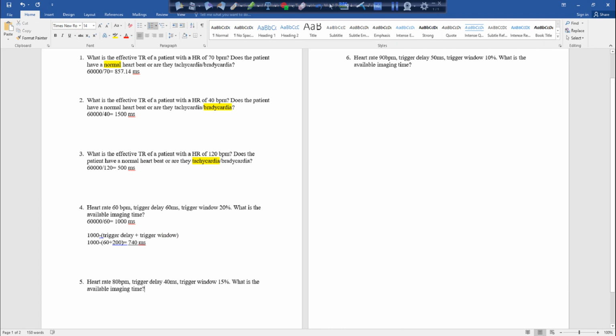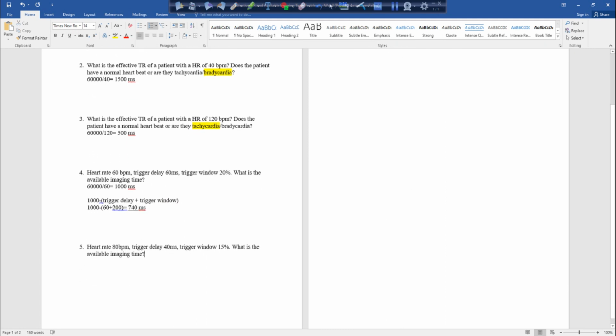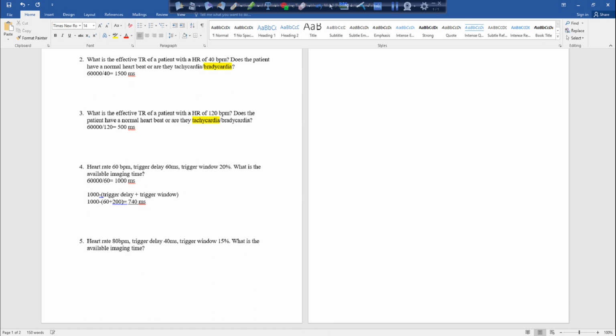Okay, so then let's do that again down here. Our heart rate is 80 beats per minute. So first find the effective TR. That equals what? 750.